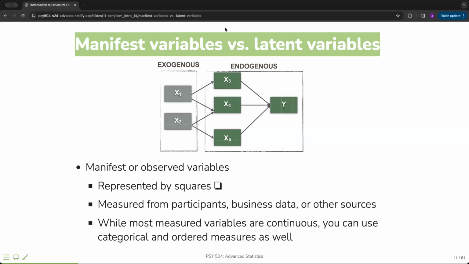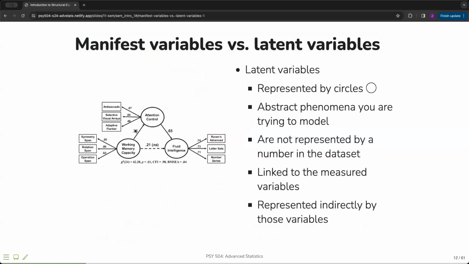How I like to think about manifest variables is if you open up a data set, there'll be columns in that data set. Those column names are our manifest variables or our observed variables. These take on certain values, and they could be continuous, ordinal, or categorical. And we contrast manifest variables with latent variables.